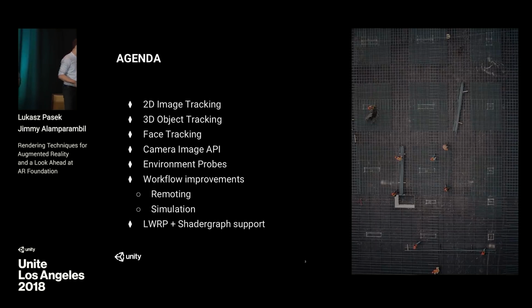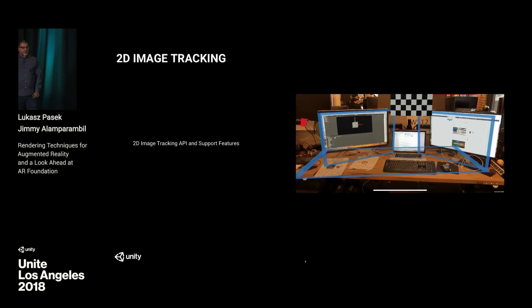Thank you, Lucas. So 2D image tracking, what is it? I think you have all seen the stuff in the corridor where we use the Unite app to see an augmented picture. That's basically what image tracking is. The AR platform will detect a 2D image that exists in the world and will return the pose of that image back to you.